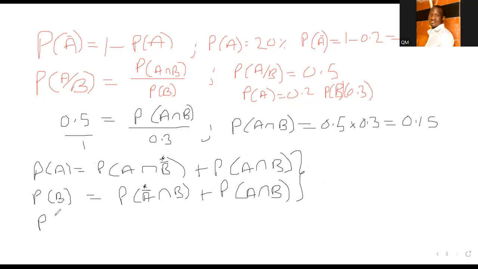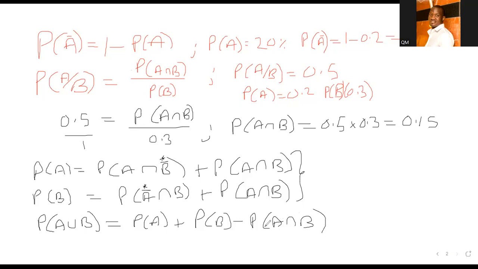Then we also talked about the union set, A union B. Remember, what's the formula for A union B? Probability of A plus probability of B minus the intersection of A and B. Correct.